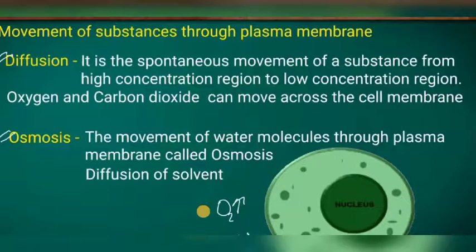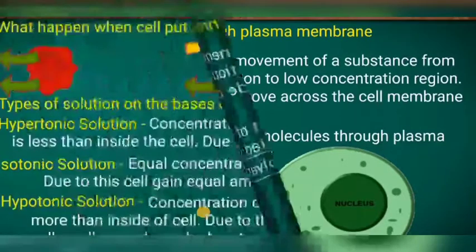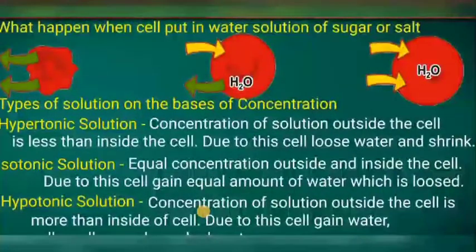So generally gas is exchanged by the diffusion process, while most of the liquid molecules, or you can say the water molecules, are transferred by the osmosis process. Osmosis means the movement of water molecules through the plasma membrane.